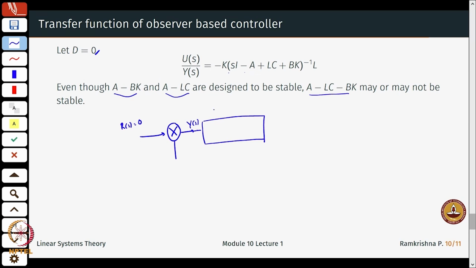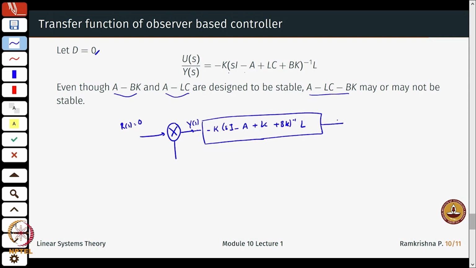So, this entire thing will sit here: k times the inverse of sI minus A plus LC plus BK, times L, maybe with a minus.